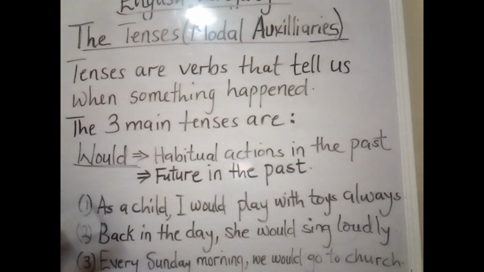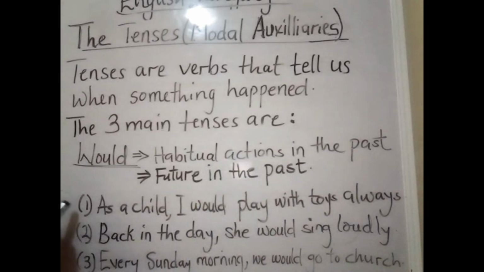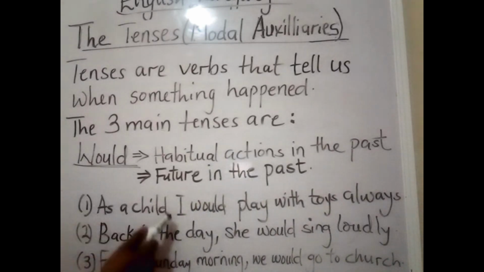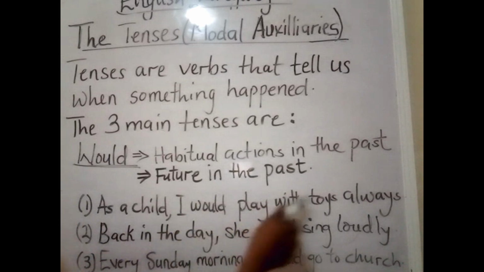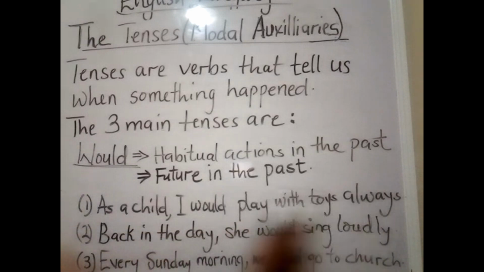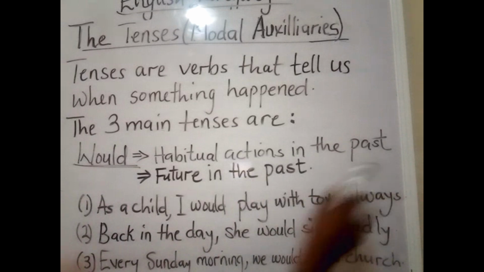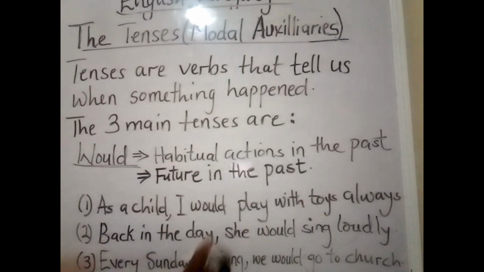So let's see the first example, the one for habitual actions in the past. The first example says, as a child, I would play with toys always. That means when I was a child, I was always playing with toys. So this is the would here. We're underlining it.